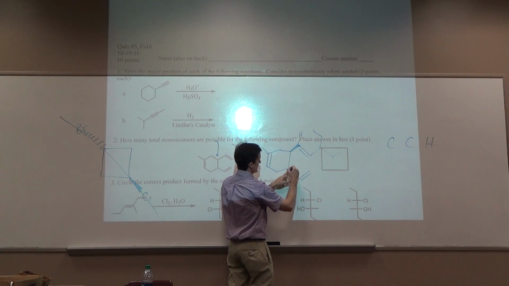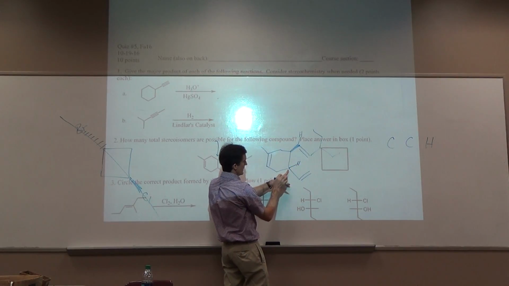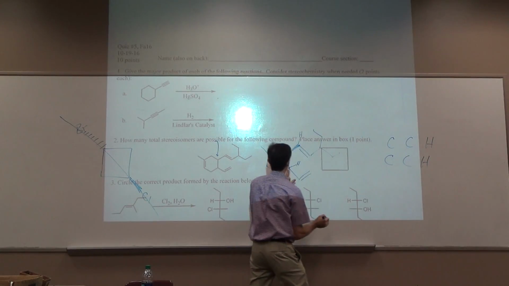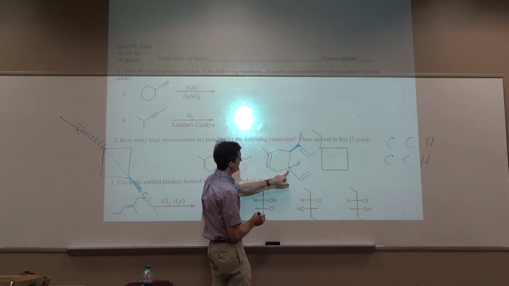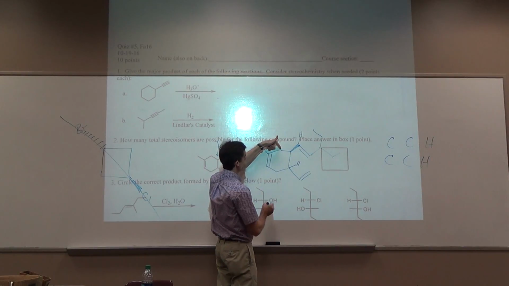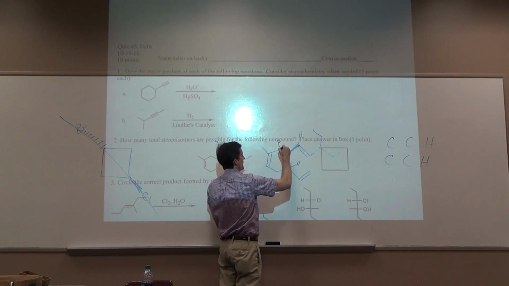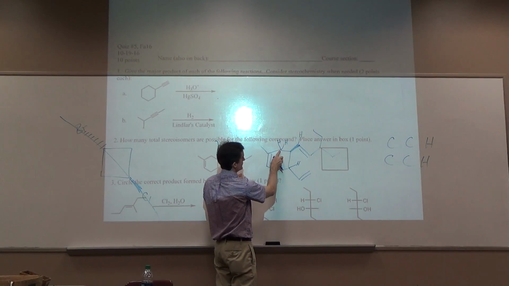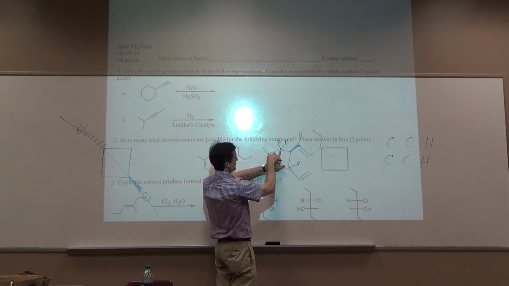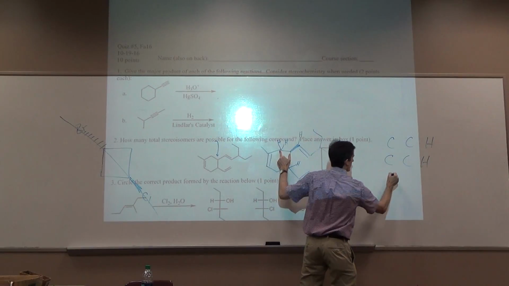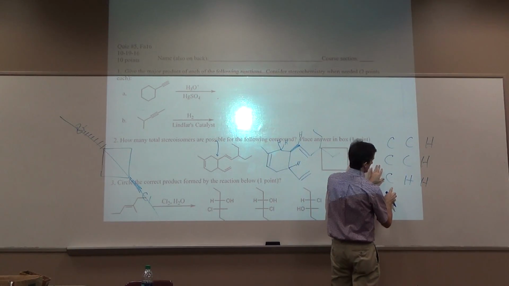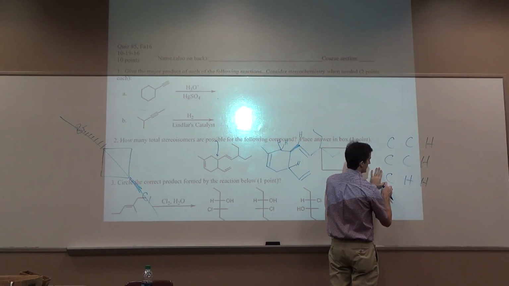How about here? Well, there's an H there. It's carbon, carbon, H. How about here? Well, there's 2 H's there. This carbon is attached to carbon, H, H. Now you look at these, and you see that this is a low priority group.